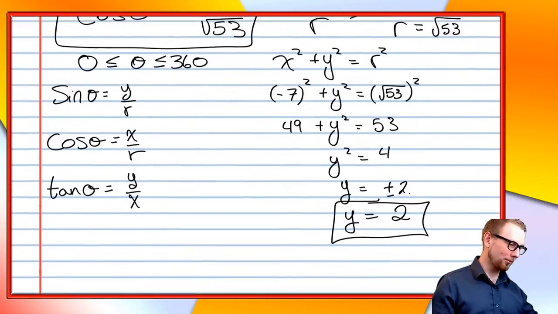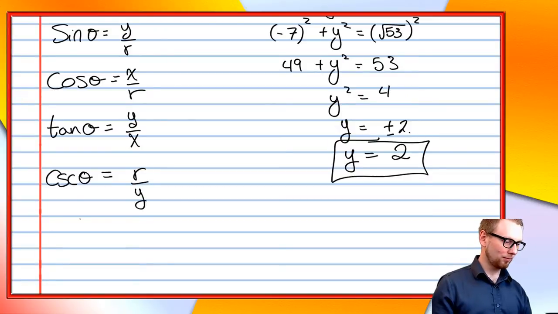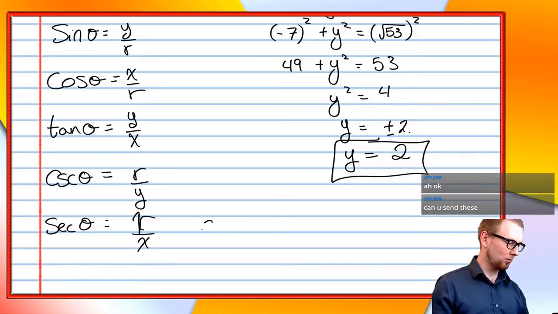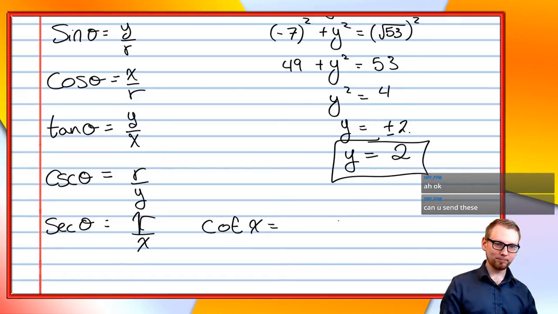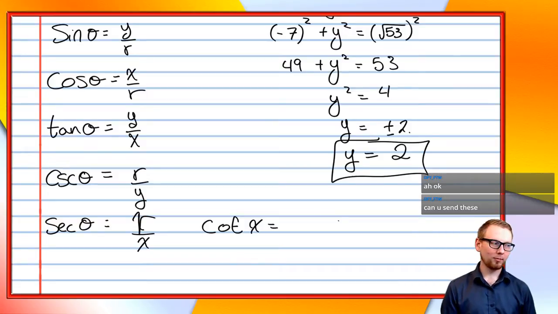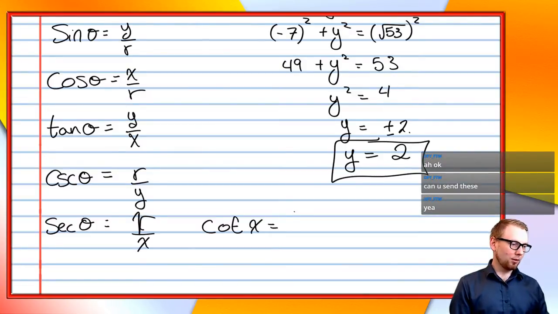Just go down the line and fill them all out. R over y. Secant, r over x. Cotan, see what I mean? X over y.